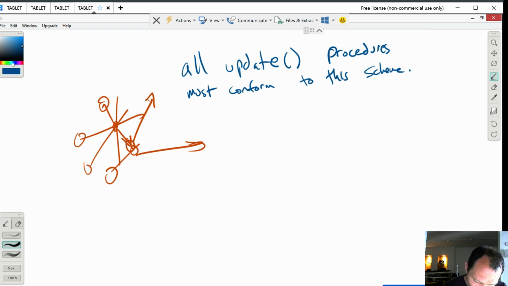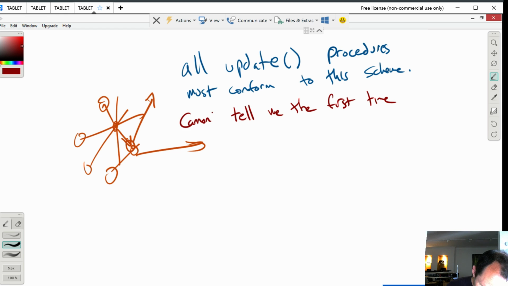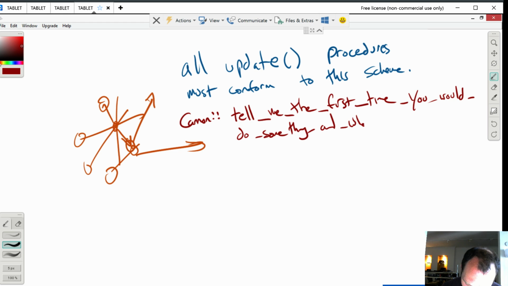One of the functions would be: tell me the first time you would do something, and what that would be. This is in the cannon, it's a member function.